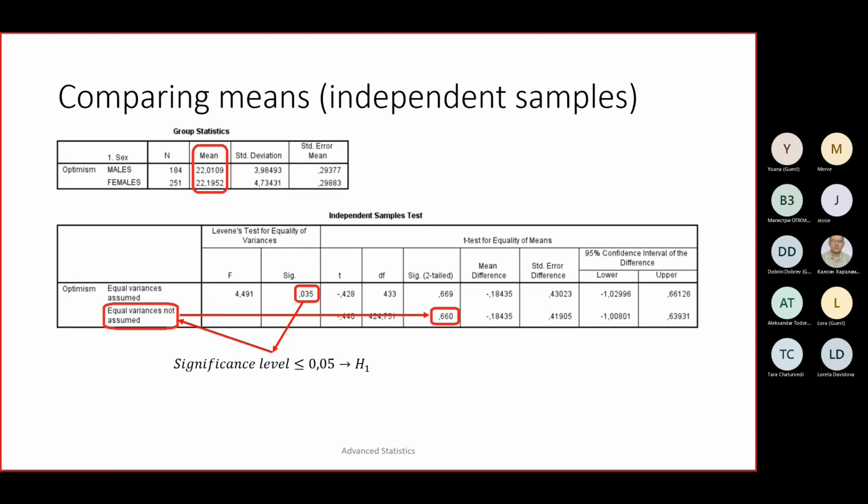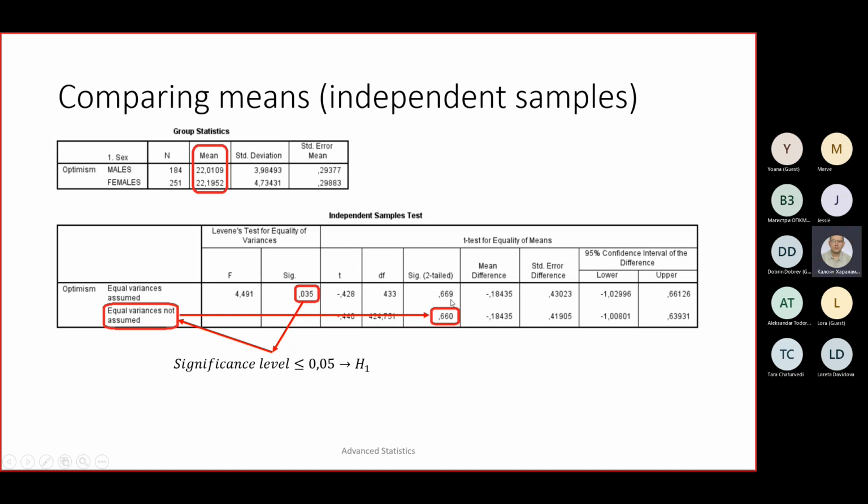And here is the significance level for the hypothesis of means. So this significance level is about equality of variances, and this significance level is about equality of means.